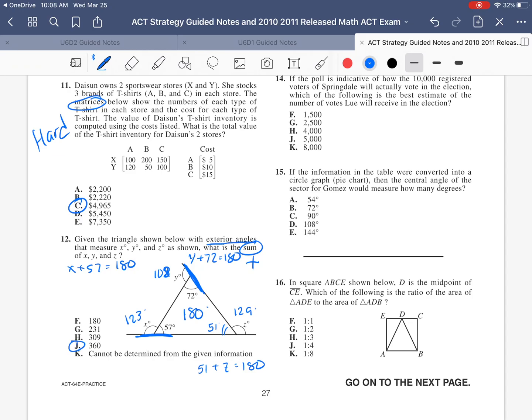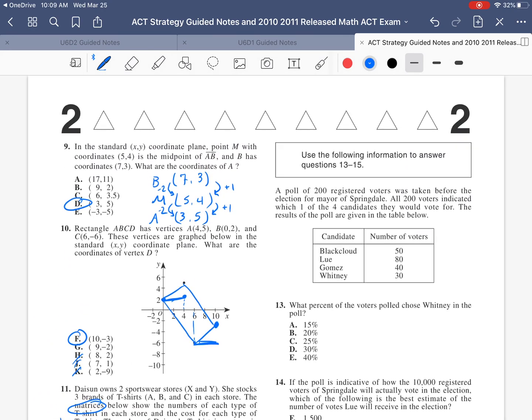One of the things that we briefly talked about is that all exterior angles of polygons always equal 360 degrees. So if you remembered that, then this should have been an easy question without all that math. But if you didn't remember it, then using supplementary angles, we could have figured that out.